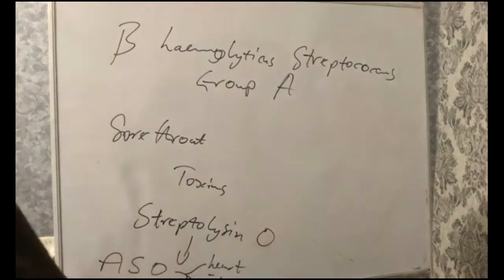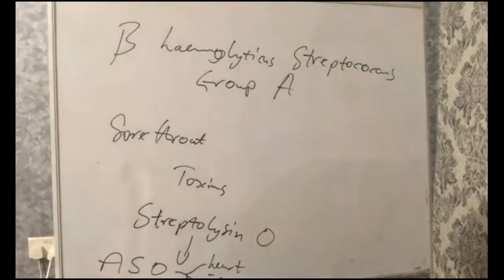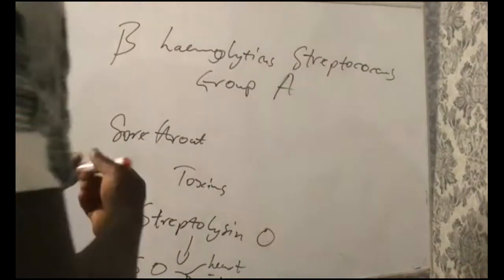Okay? So in people who are affected by streptococcus, and the Streptococcus produces streptolysin O, and the patient is prone to rheumatic diseases, we check for the titer of the anti-streptolysin O antibodies. We check if the patient's blood has a lot of this ASO, okay?